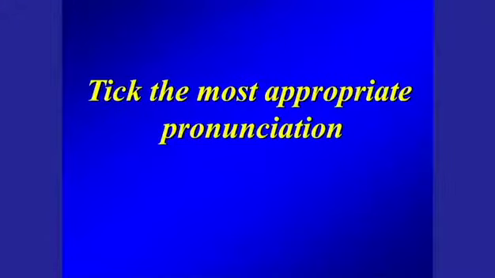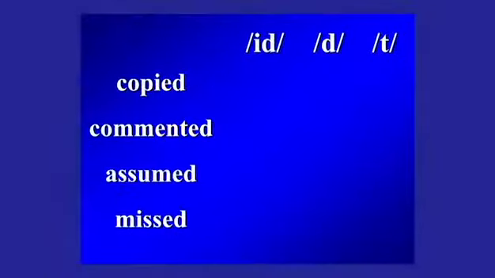Now you're going to tick the most appropriate pronunciation, right? So please copy. We have 4 verbs, and you are going to select the most appropriate pronunciation, id, D, or T. Take some seconds to copy and complete the exercise.